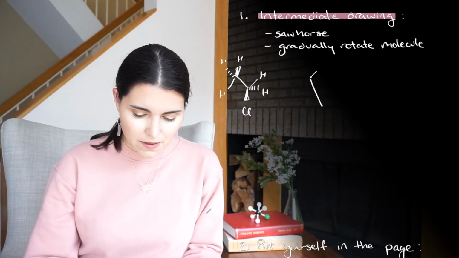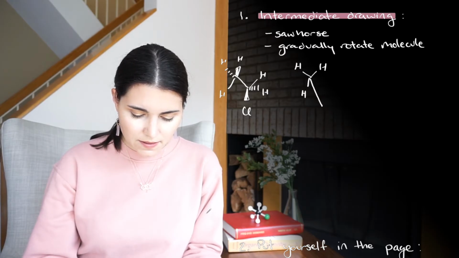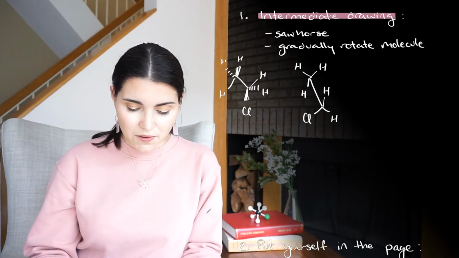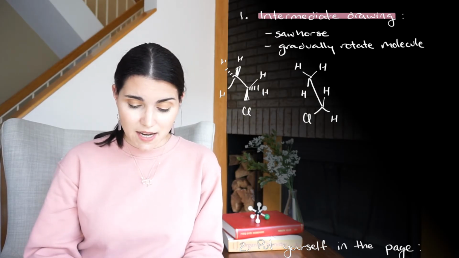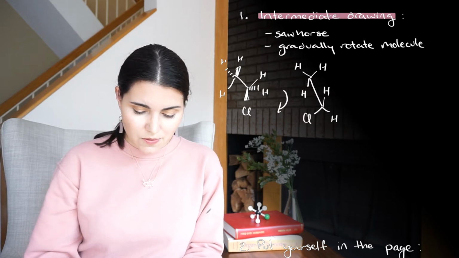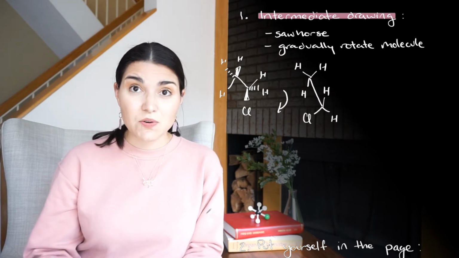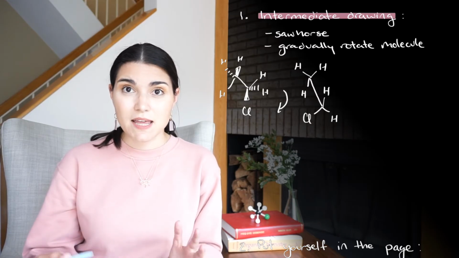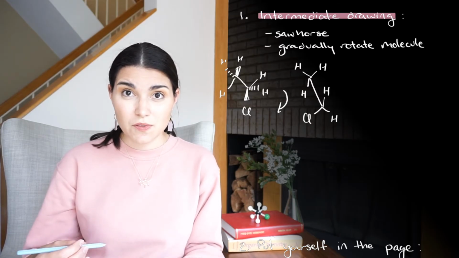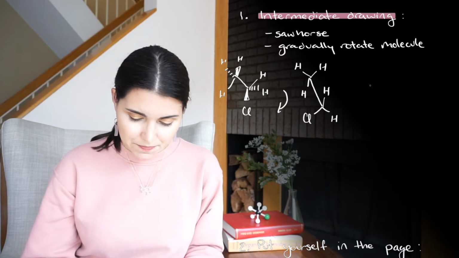I'm going to draw the back carbon with its 3 hydrogens like this, and then the front carbon with the chlorine and the hydrogen. So now we've rotated that molecule and the chlorine is starting to come down towards our left-hand side. So we've done that kind of rotation, and you can see how they're about to line up for the Newman projection. So if you just rotate that intermediate drawing a little bit further, you'll get your Newman.